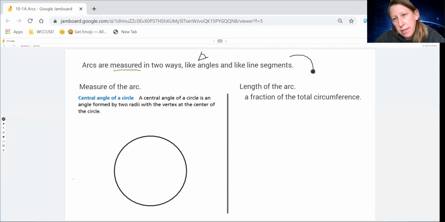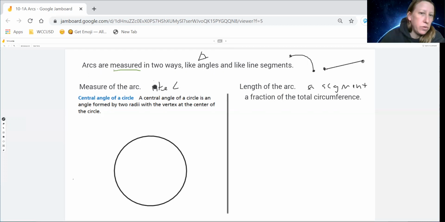And if I take this shape and I stretch it straight, like if it was a string and I pull it straight, I could think of it as being a length. So we can actually measure arcs two different ways. We can measure it in degrees, like an angle, or we can measure it as a length. So measure an arc like you would measure an angle, and measure the length like you would measure a segment.